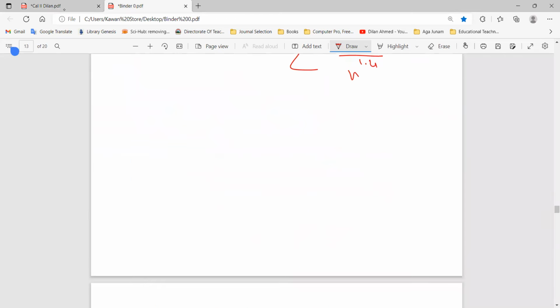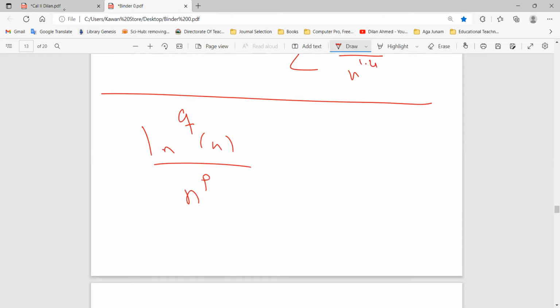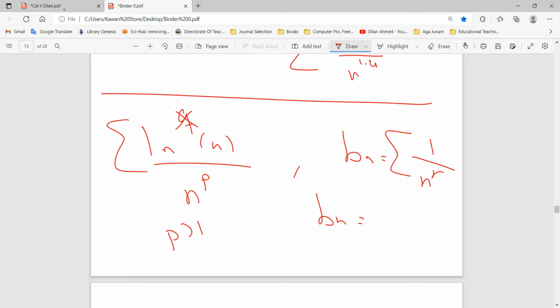Listen to me. We have ln of Q n of P, right? And we need Bn and R. We have 3 things: Q, P, R. Forget about Q. You're focused on P. In 63, if P greater than 1, bring R. R is between P and 1.